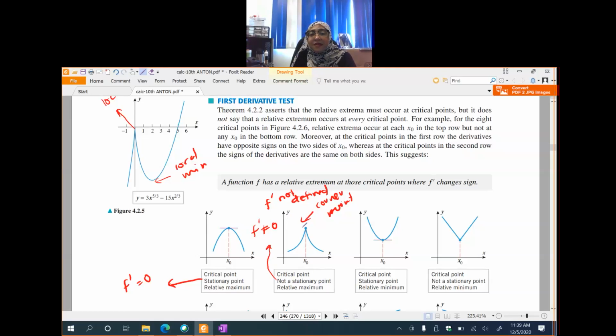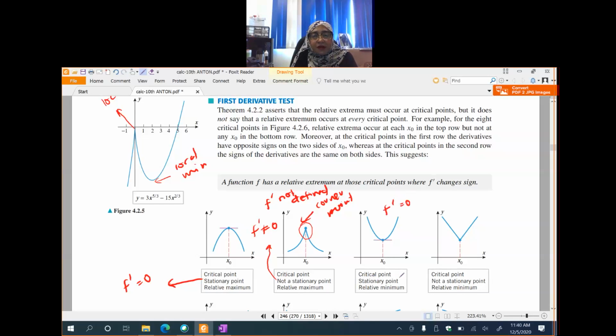This is still a relative maximum because amongst its neighborhood it is still the maximum. Okay, this is a critical point, meaning that f prime is equal to 0 at this point.